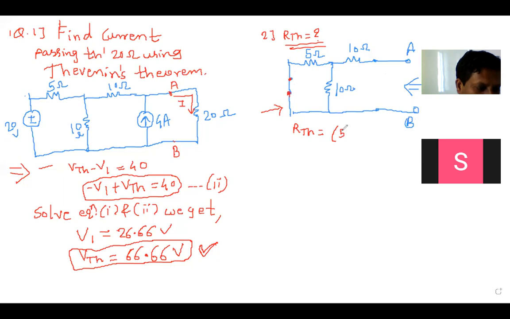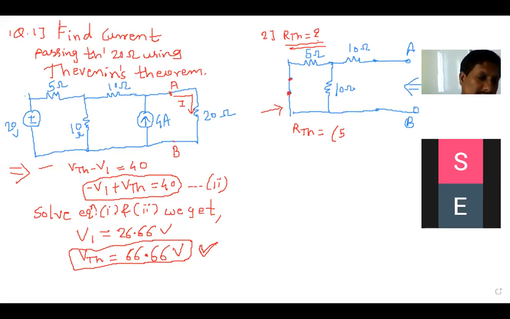Observe from the right hand side. Measure from the left hand side. If you are observing from the right hand side, how are 5 and 10 connected? They are connected in parallel. Next, is that in series with 10 or in parallel with 10?